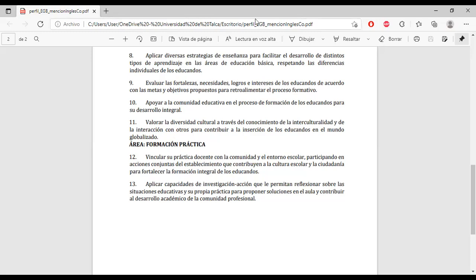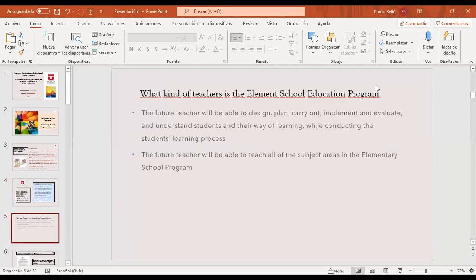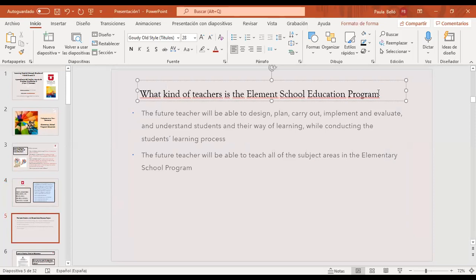Okay, so as you see, this is an important document that we need to revise. You will revise it in different modules, and moreover, you have it on Educandos. So the teachers that we are educating are teachers that know all of the technical issues in reference to the profession, but also a teacher that has developed social skills and pedagogical skills so as to understand students and how they learn.